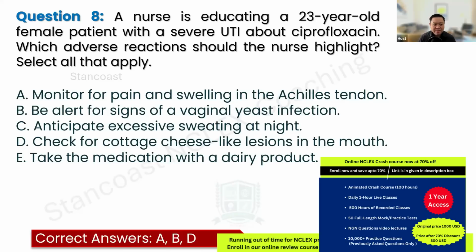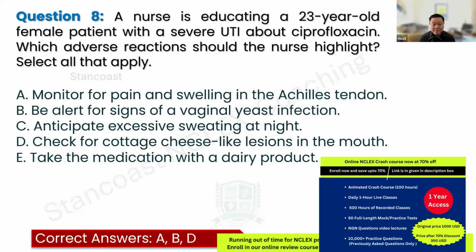Now, letter B, vaginal yeast infection can also occur due to the disruption of the normal flora when taking ciprofloxacin. And letter D, the presence of cottage cheese-like lesions in the mouth suggests that there is an overgrowth of Candida albicans, which is an adverse effect of the ciprofloxacin. Now, the rest of the answers here, letter C and letter E, are incorrect.